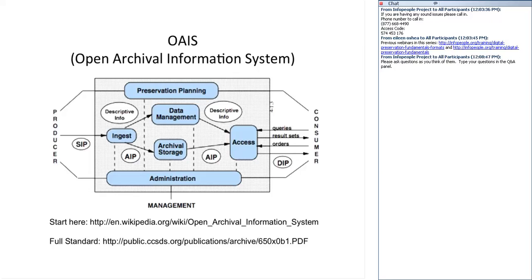And that little bubble that says DIP stands for Dissemination Information Package, and that's the content that you present to your users. In the most simple and in some ways most common digital library situation, a submission information package is probably something like a TIFF image, a scan of a photograph with some metadata that's ingested into a storage system, which could be as simple as a file server maintained on your network.